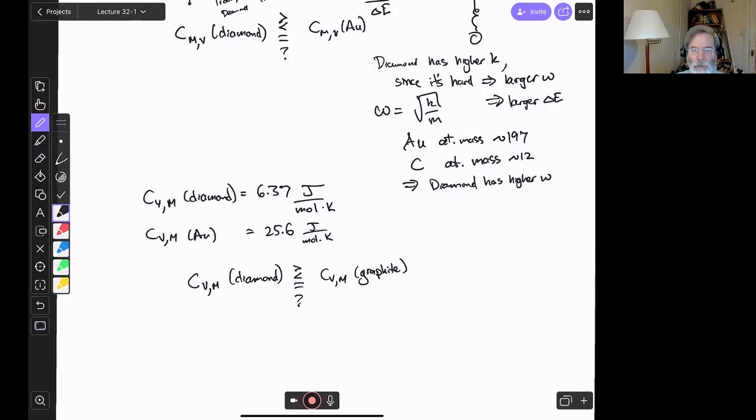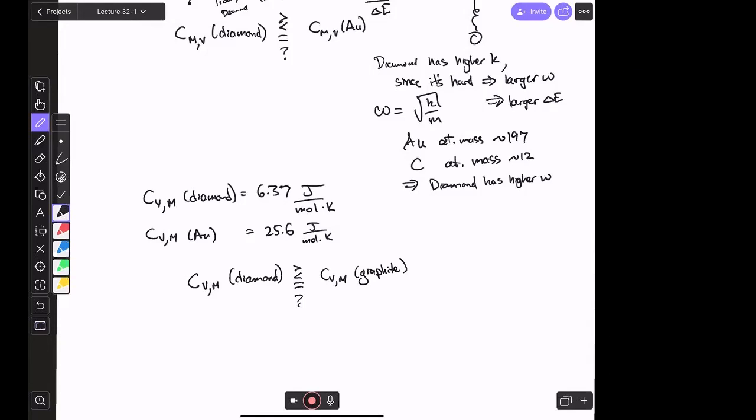Okay, who would like to take a stab at this? Go ahead, Allison. Well, graphite is still carbon, but it should have a much lower K because it's much squishier than diamond is. Good.